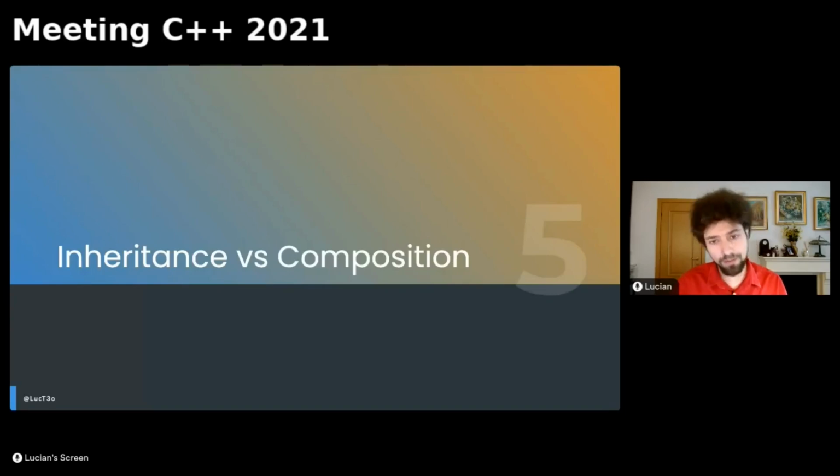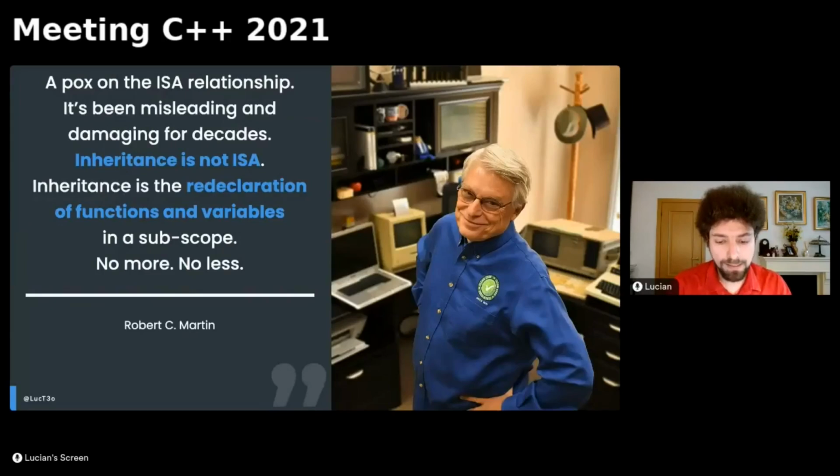Okay, let's move on. Inheritance versus composition. I'll start again by quoting Bob Martin when he was talking about the rectangle and square example. A pox on the is-a relationship; it has been misleading and damaging for decades. Inheritance is not is-a. Inheritance is the redeclaration of functions and variables in a subscope.